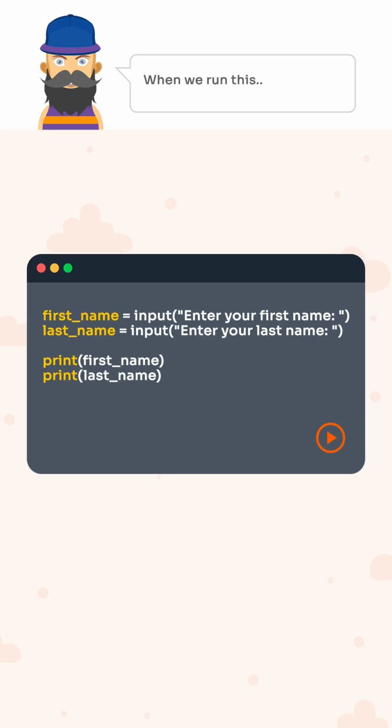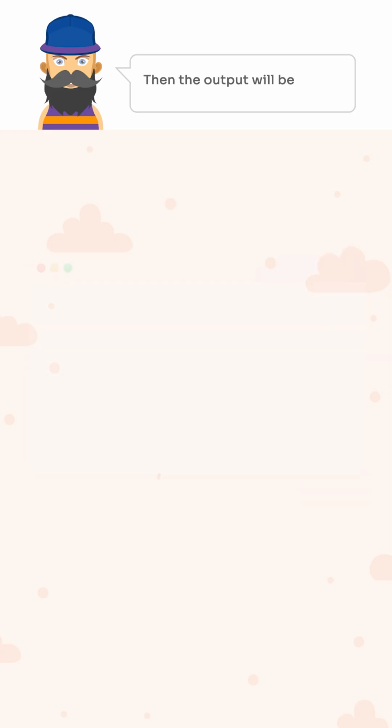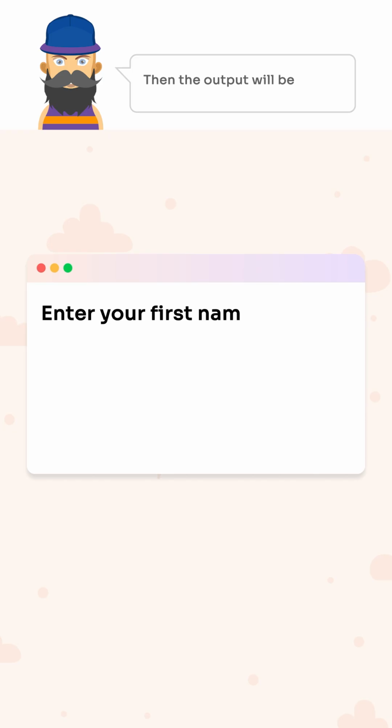When we run this, then the output will be the prompt. Let's say we type Bill. Once we press enter, we'll be asked for the last name.